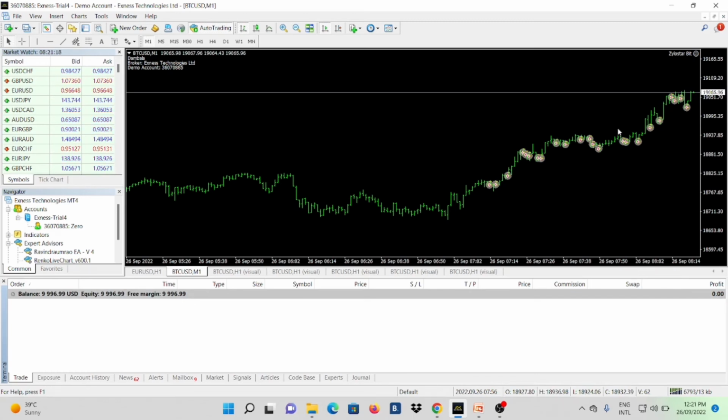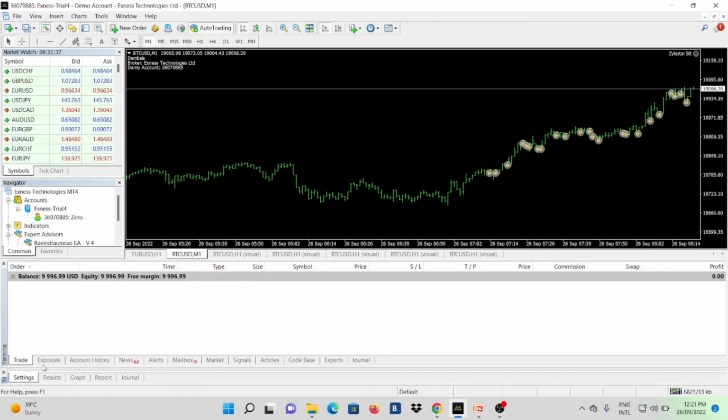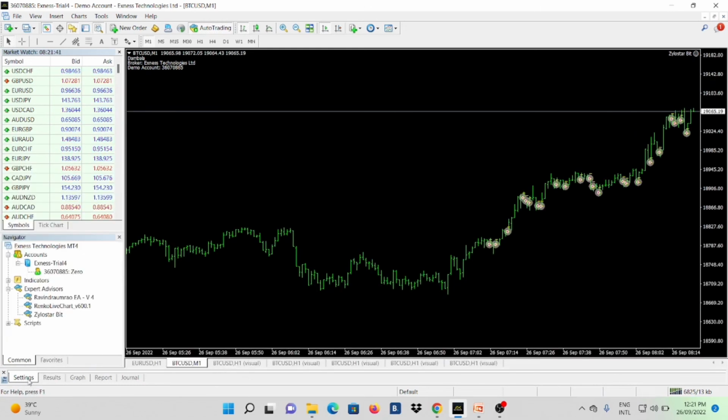But there are sophisticated algorithms which can trade Bitcoin on their own. Let me show you the automated trading platform, where the trading that we just did manually can be done using artificial intelligence and sophisticated bots. I will close this window and go to settings.